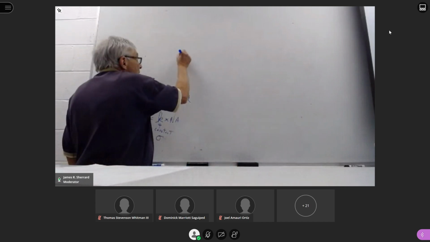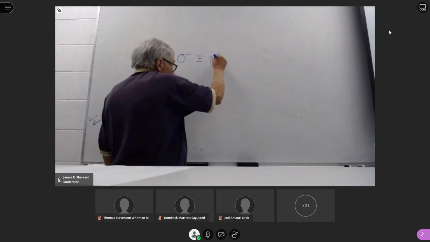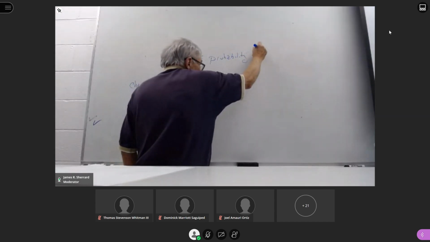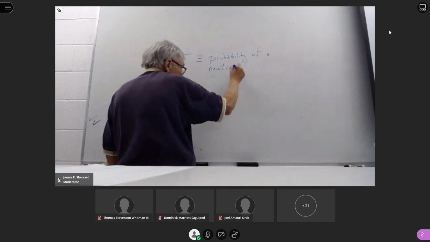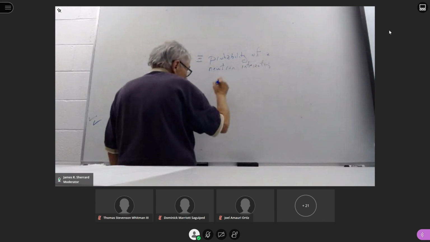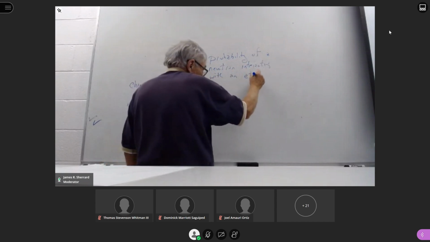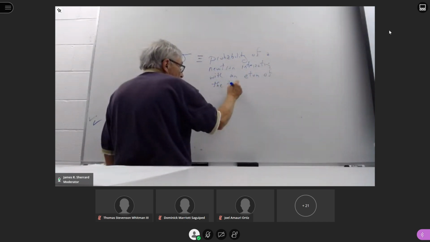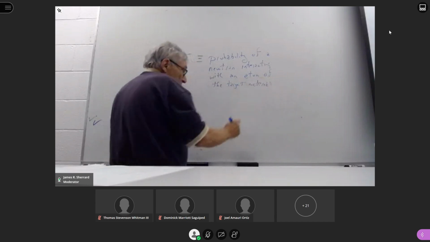So sigma is the probability of a neutron interacting with an atom of the target material.